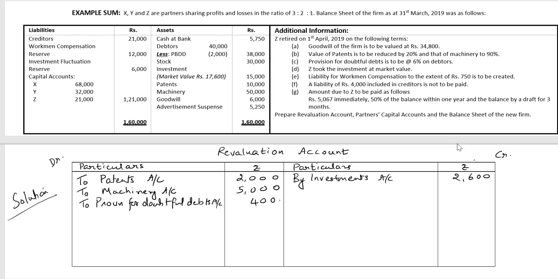Point F. A liability of Rs 4,000 included in creditors is not to be paid. Reduction in liability by creditors account 4,000 rupees. The greater total is 7,400 on the debit side.